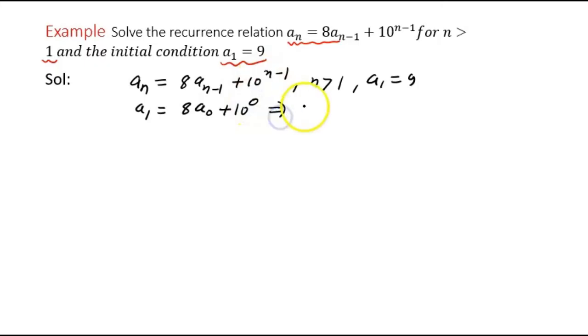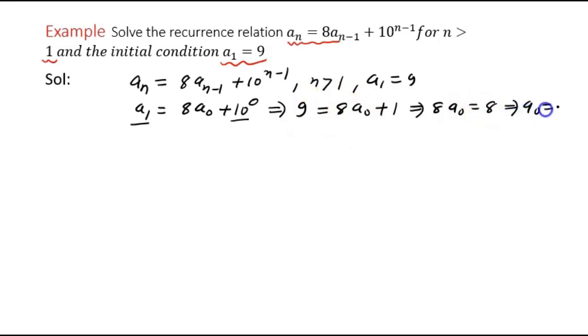So this will give me what? a1 is equal to 9, and 9 is equal to 8a0 plus 10 to the power 0, which is 1. So we are getting 8a0 equal to 9 minus 1, that is 8. So we are getting a0 equal to 1.